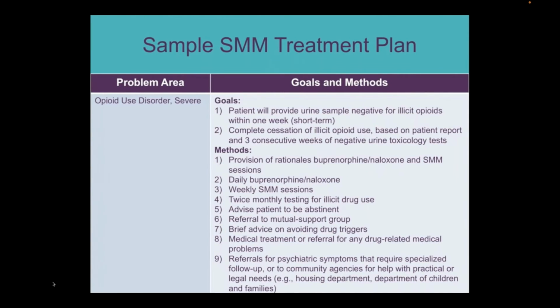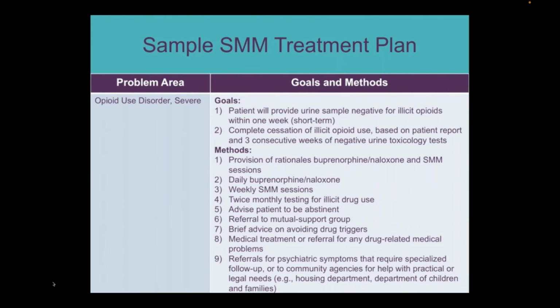Here's the sample SMM treatment plan that covers each of the components that we list in the initial session. Again, we go over the goals, which in a very concrete and immediate way is for the patient to provide urine samples negative for illicit opioids within 1 week. That's a short-term goal, but it may take a little longer, so sometimes tracking quantitative urine results could be helpful, provided you feel that they are accurate and reliable.